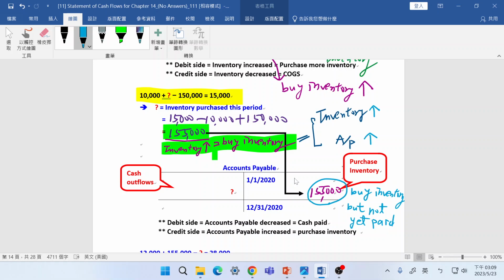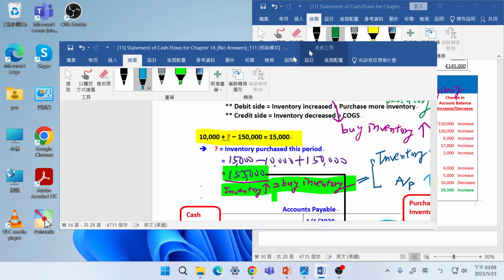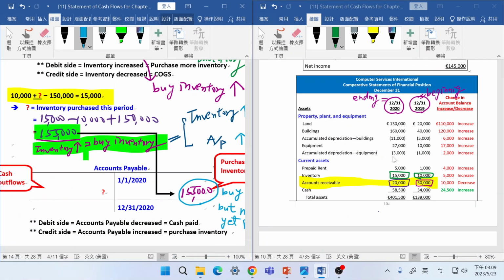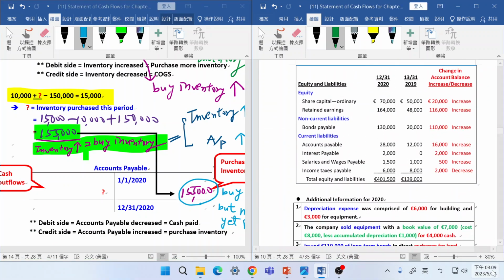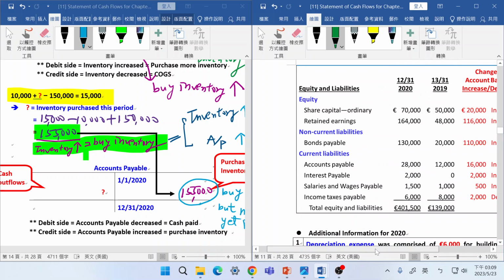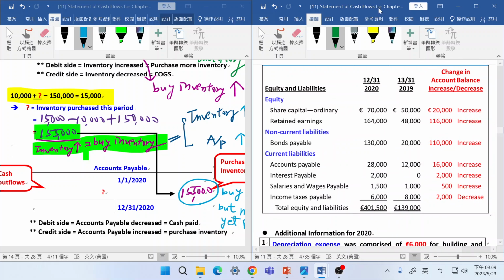After you got this, don't forget, go to the balance sheet and find out the beginning and ending balance. So for accounts payable, go to page 11. Did you find accounts payable? Yes, right?